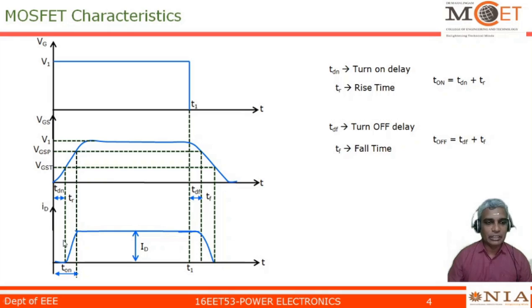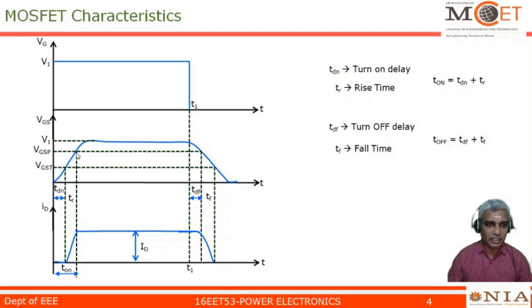During this time, the drain current rises from 0 to its maximum value ID. So the device has started its on process at this point of time and has completely turned on at this point of time. So the turn on time of the device is the sum of the turn on delay plus the rise time.